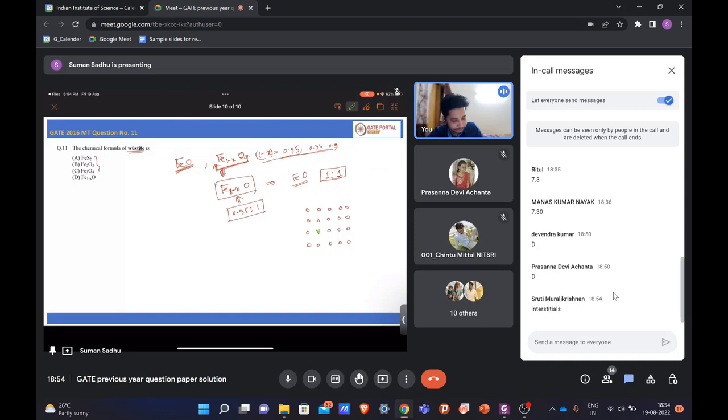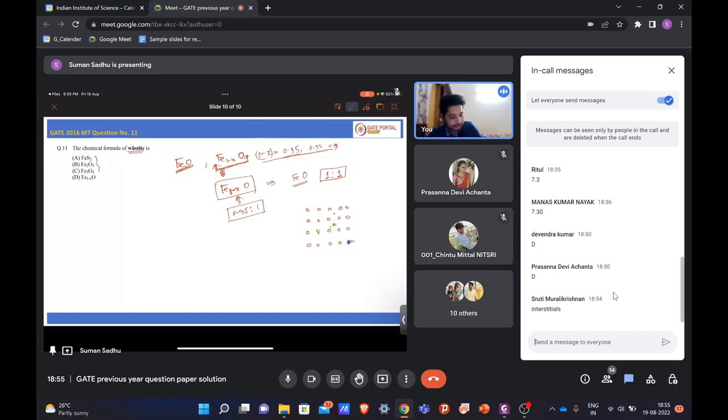Similarly, it may be that this atom moves to these positions, so it is like an interstitial defect. Again, if you put another atom, that is an impurity atom, so interstitial impurity defects may also be present. Similarly, there might be another substitutional atom present.